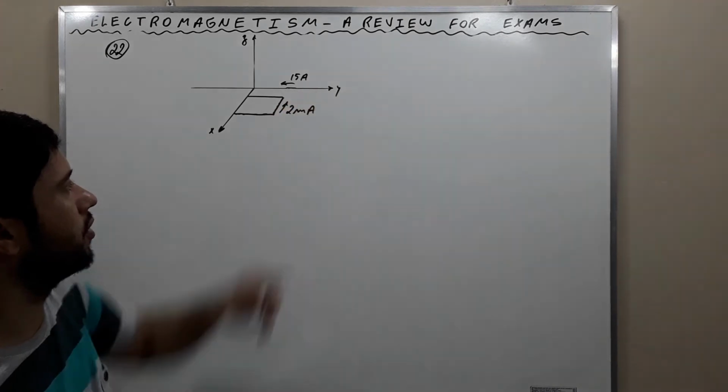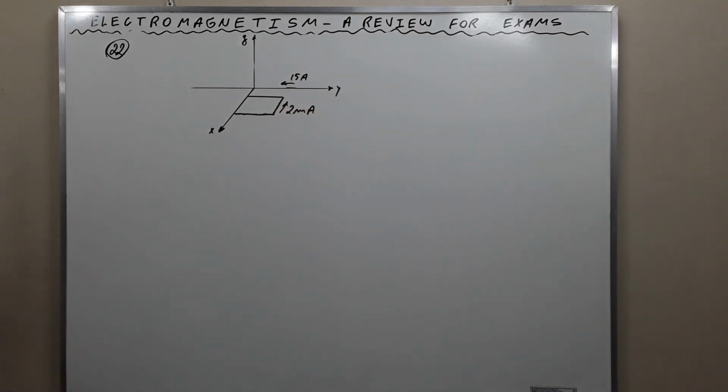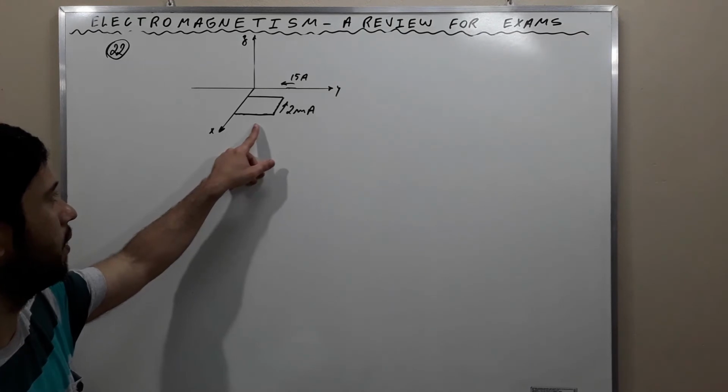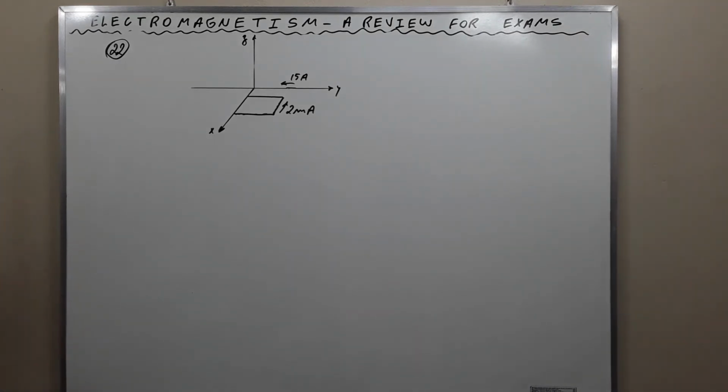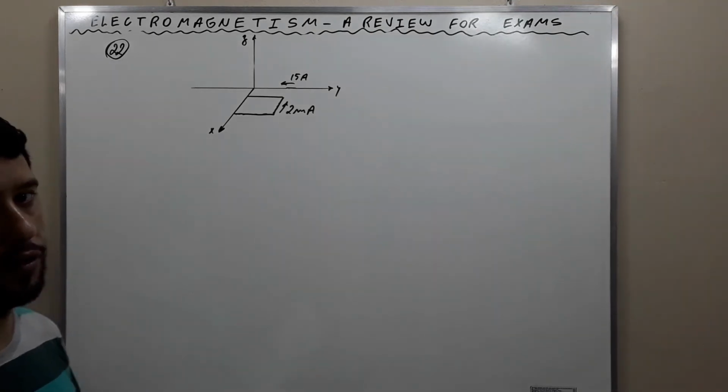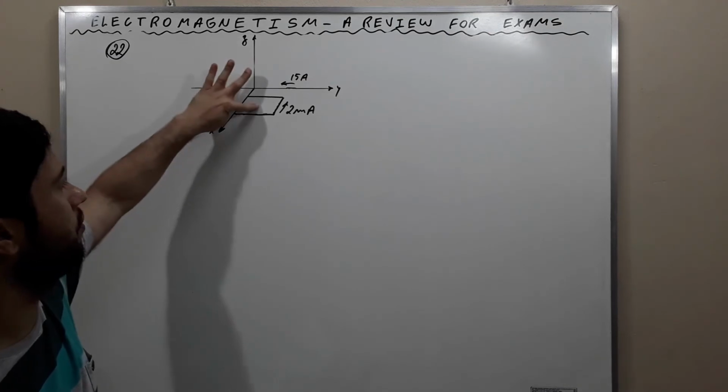There is this current here flowing in a filamentary conductor in the negative a_y direction, and there is a square loop of wire for z equal to 0 conducting 2 milliamps of electricity. So this is immersed.